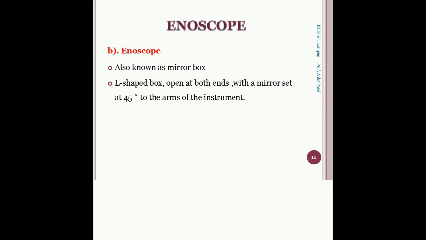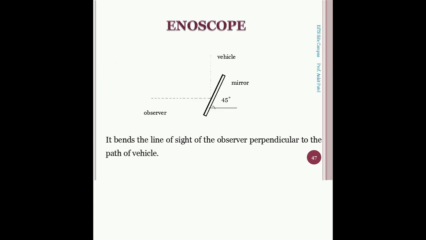Then the enoscope method, also known as the mirror box, is an L-shaped box open at both ends with a mirror set at 45 degrees to the arms of the instrument. This picture shows, on one side, the observer standing, and on the other side, a tripod with the mirror at a 45-degree angle.